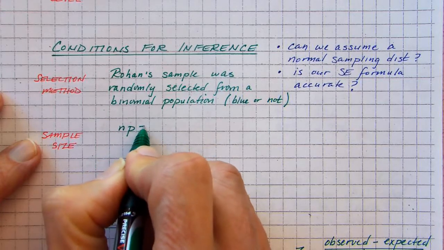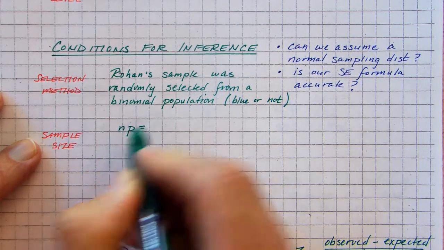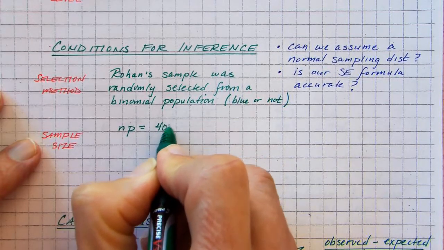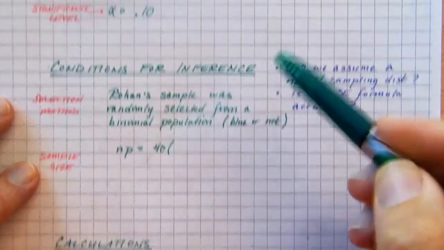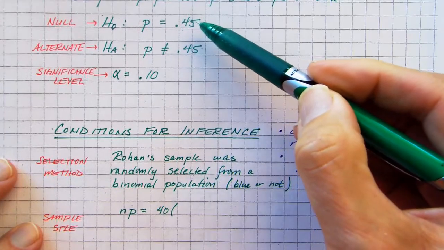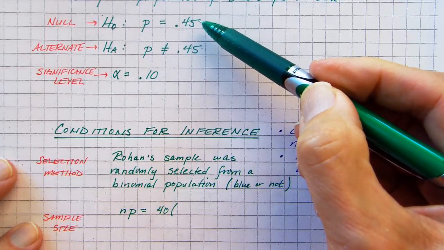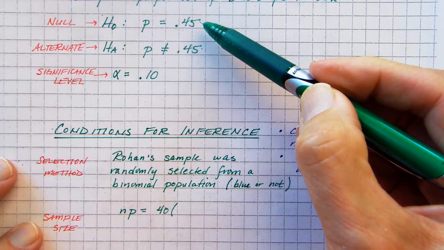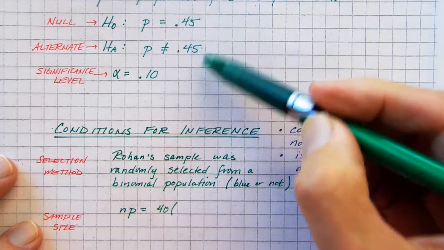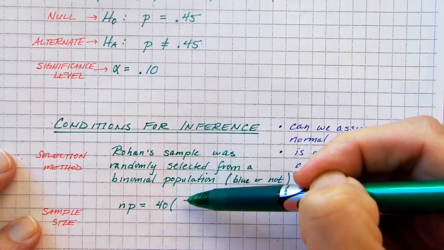So NP. 40 chips were selected from a population that we're assuming right now is 45%. That's why we lay out the hypotheses, because that establishes what we're going to use for P in our calculation.